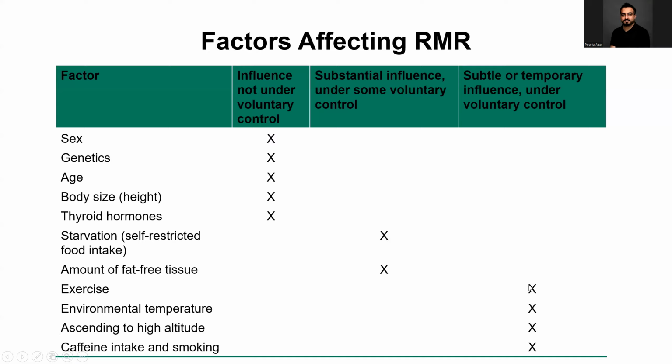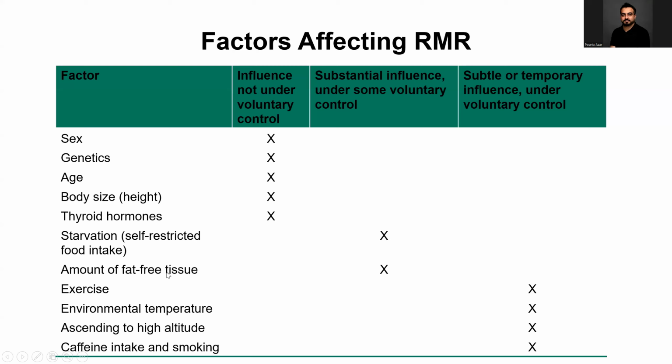And these last four have subtle or temporary influence, and they are under voluntary control, meaning that we can influence these factors in order to affect our resting metabolic rate.